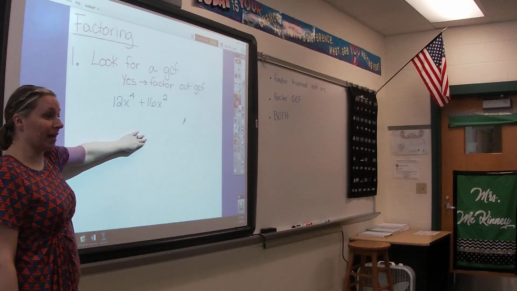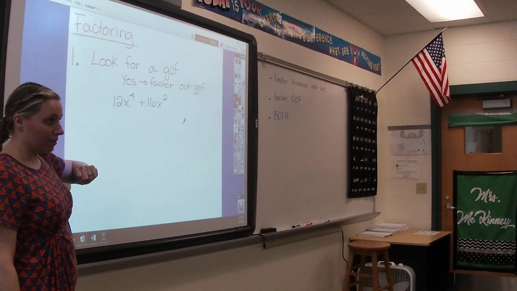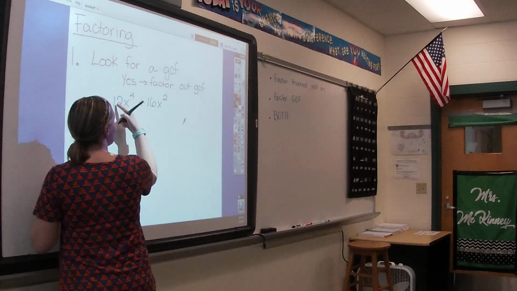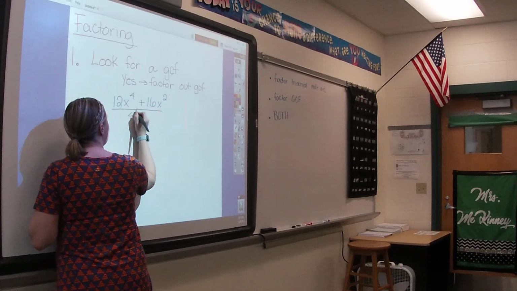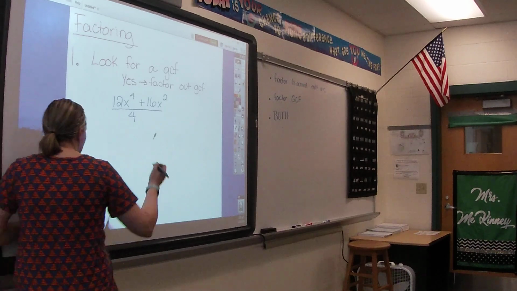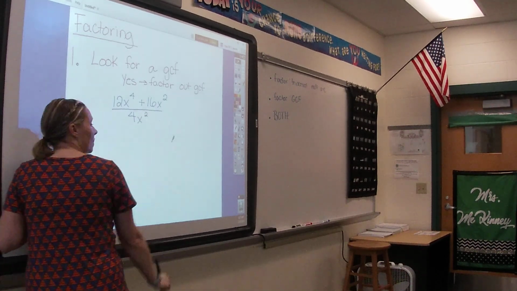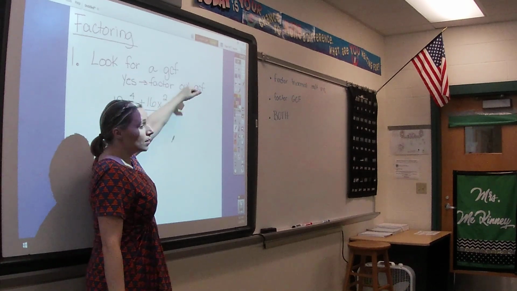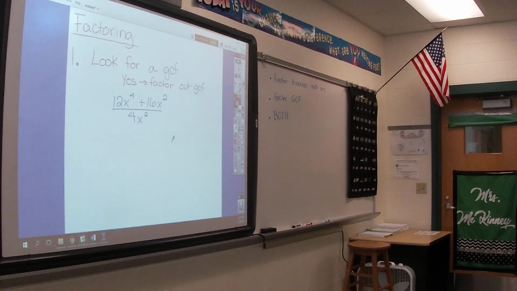What is the GCF? 4x squared, right? Because what goes into 12 that also goes into 16? 4. Do they both have the variable? Yes. Smaller exponent? 2. So yes, there is a GCF, so we are going to factor that out.